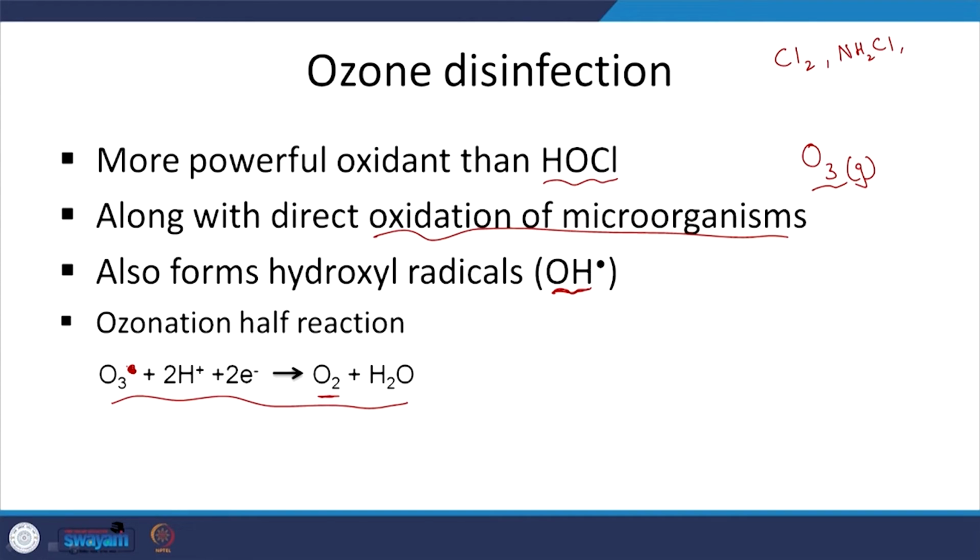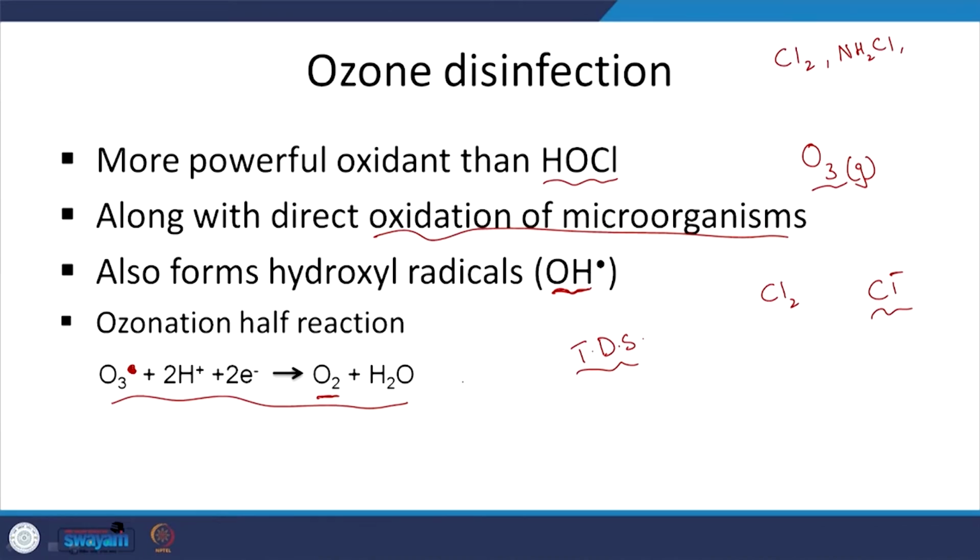Why is that? When I add ozone, the total dissolved solids in the water are not increasing. But if I add Cl2 or such, we see that we are adding Cl minus to the solution. So, we are adding to the total dissolved solids, which is never good in general. Here with ozone, we are adding oxygen to the water, and ozone is a very strong oxidizing agent.